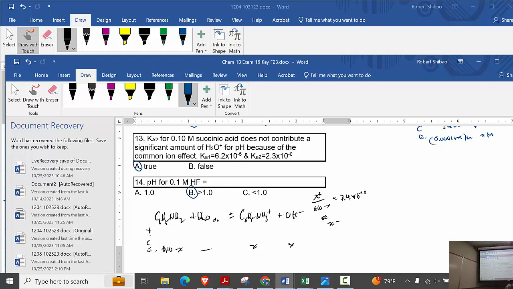And so if we use the SA, then x is equal to the square root of 7.4 times 10 to the minus 11. Just do that. Skip some steps. So 7.4 times 10 to the minus 11, square root.